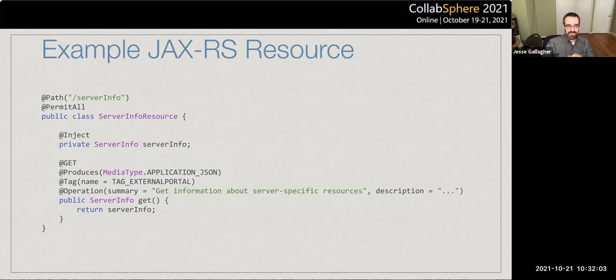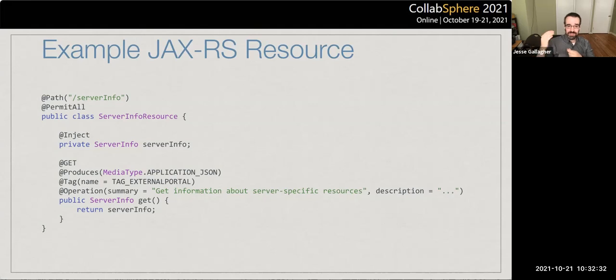You also see here the @GET and @Produces. These are JAX-RS things saying, when you do a GET request to this URL, it will produce JSON. But then the @Tag and @Operation come back in with the OpenAPI specification. So these are Swagger documentation annotations. We have these in here, and then we can say, we're going to tag this with this. We're going to provide some extra operation information.